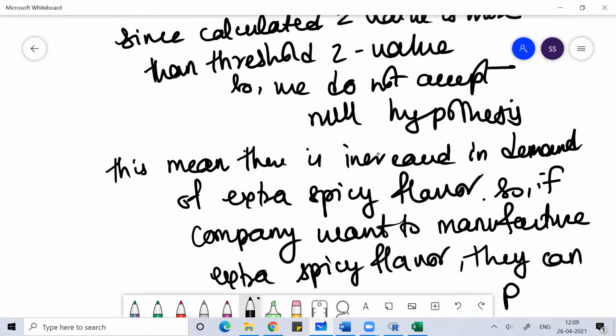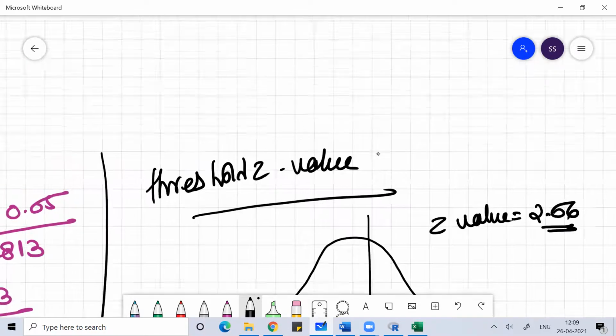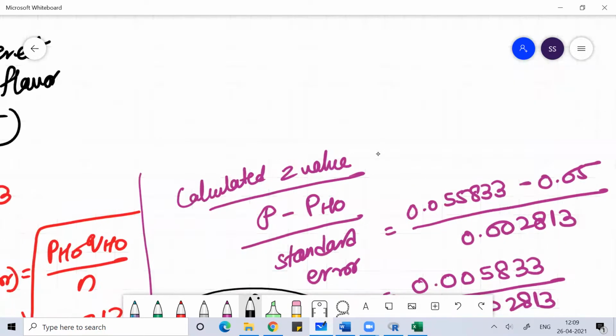They can pursue it. That is what we can get from this problem.